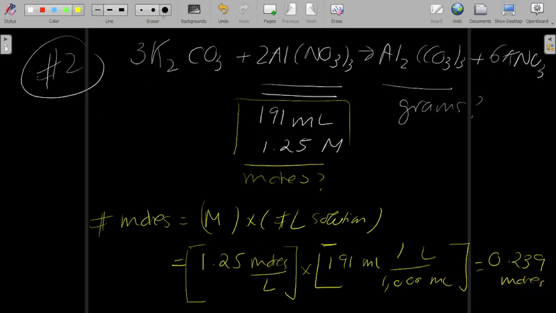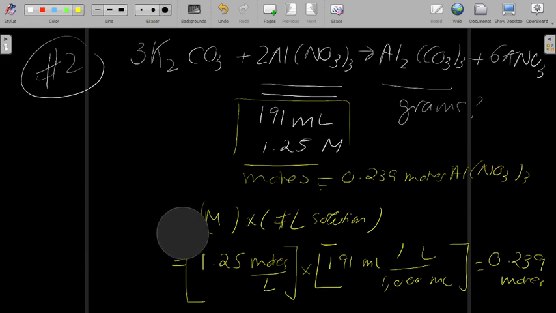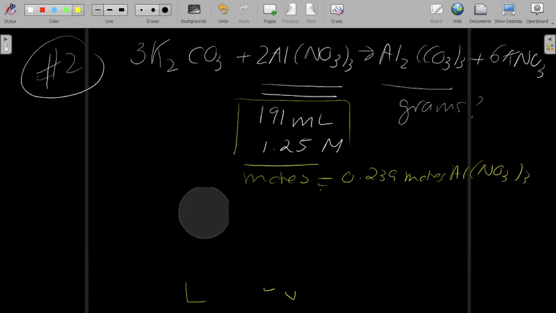So let me erase the question mark because we just found out how many moles were coming in. This is 0.239 moles of that aluminum nitrate. Okay, let me erase some of these so we have more room to do math.